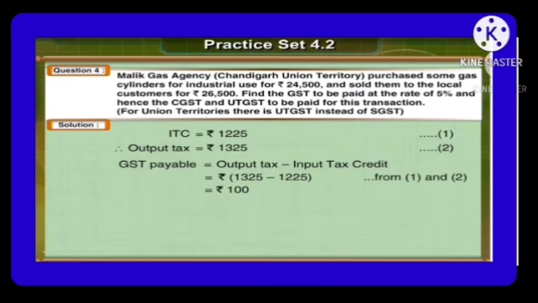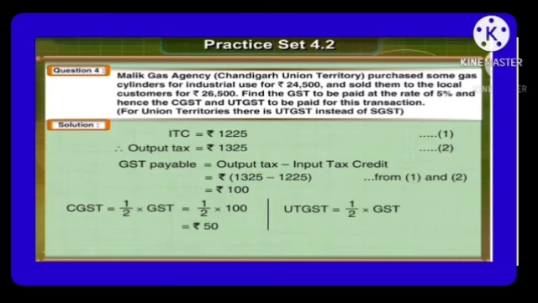Now, CGST is equal to half of GST, which is equal to half of 100, which is rupees 50. Similarly, UTGST is equal to half of GST, half of 100, which is rupees 50.